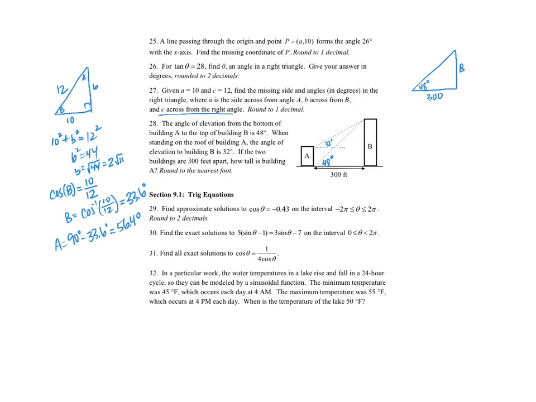So I can use just this part of the triangle, I'll make it in red, to find the height of building B. Tangent of 48 degrees is equal to B over 300. And so B is equal to 300 tangent of 48 degrees.